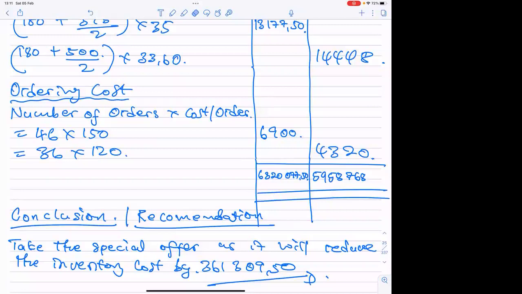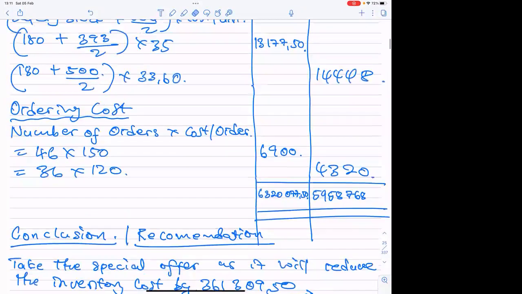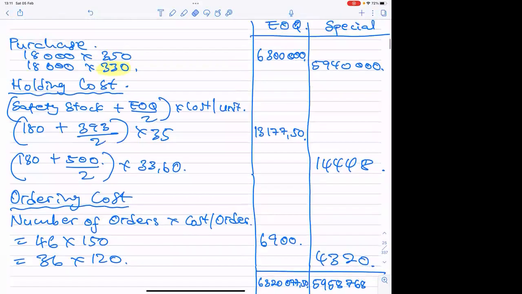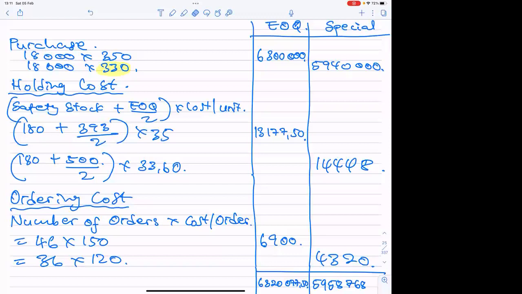Let's look at how the examiner is going to mark your answer. Number one, the examiner is going to check your purchasing cost and give you a mark if you got it right. Then your holding cost. Maybe you lost; he will give you what you got from this part. Maybe instead of getting 5, you get 3 marks, but you put something.